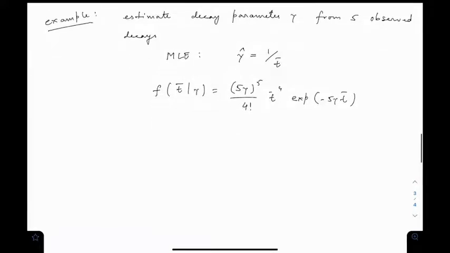Therefore, the expectation value of the maximum likelihood estimate is computed.